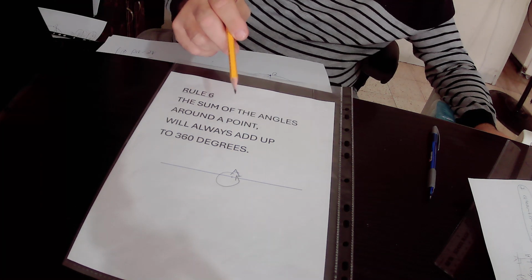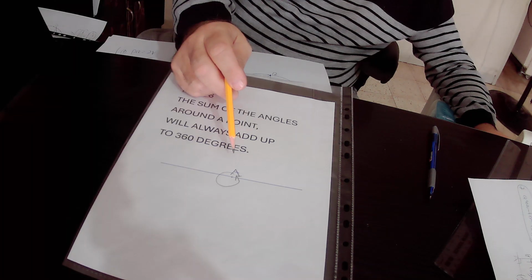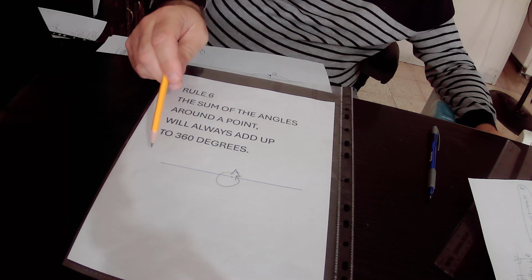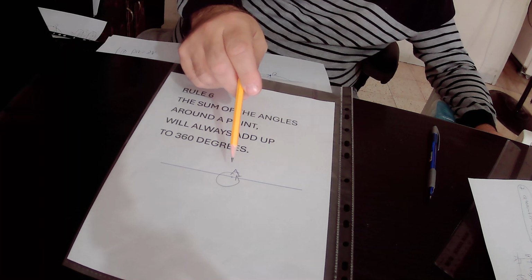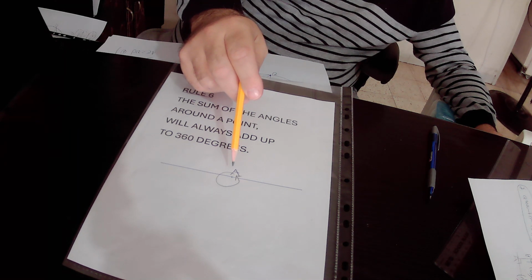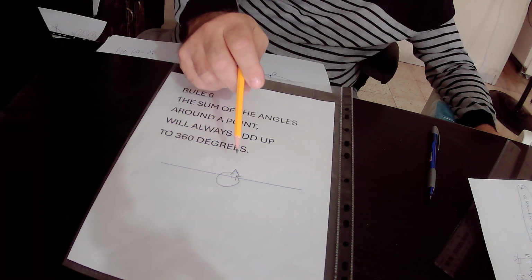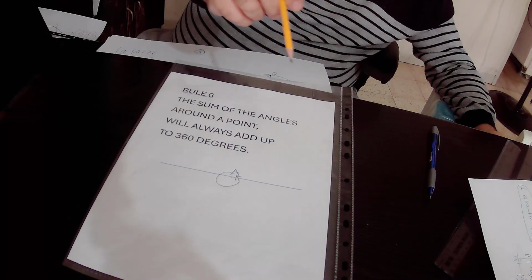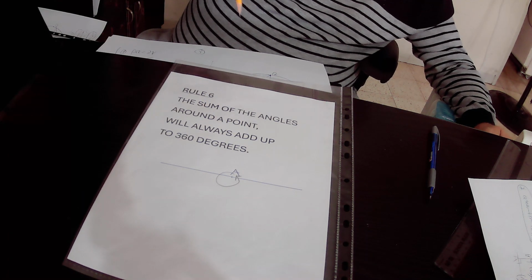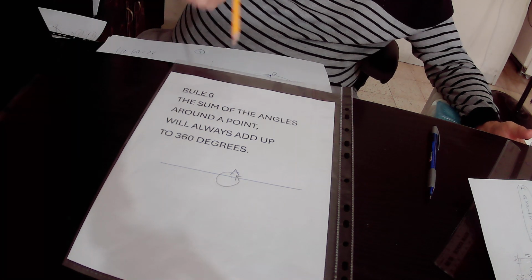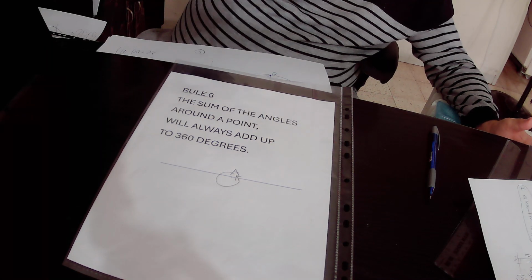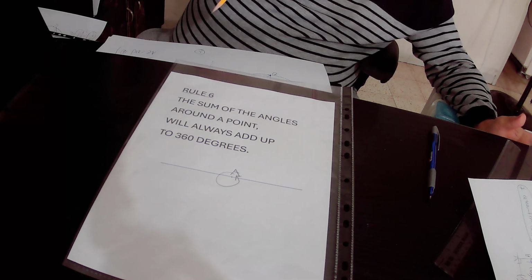So in total, the sum of the angles around point A is 180 degrees plus 180 degrees, that is 360 degrees, exactly according to rule number 6, that says that the sum of the angles around any point is equal to 360 degrees.